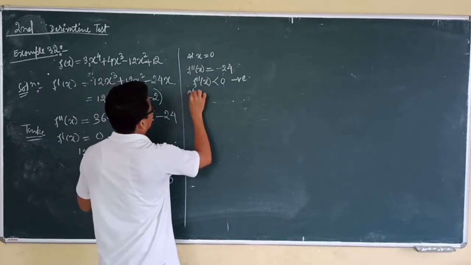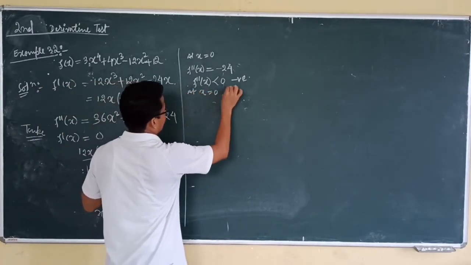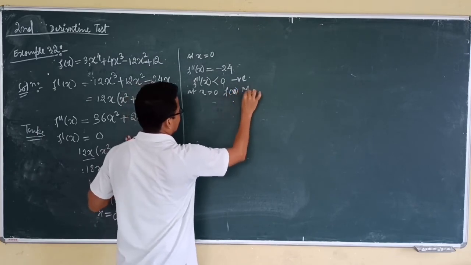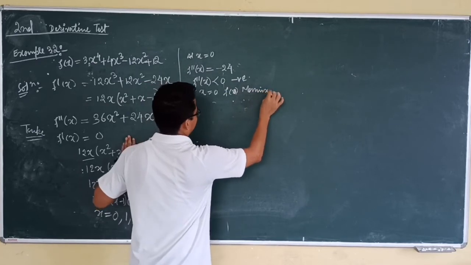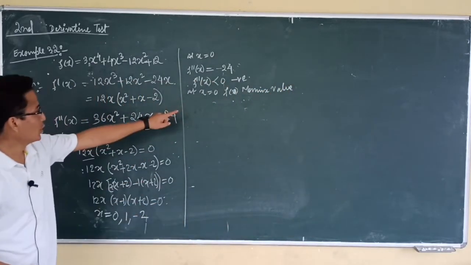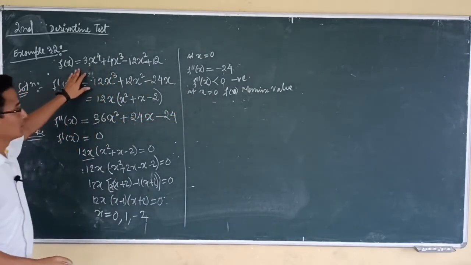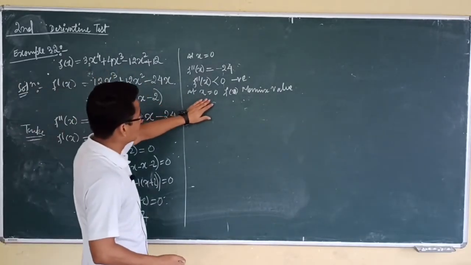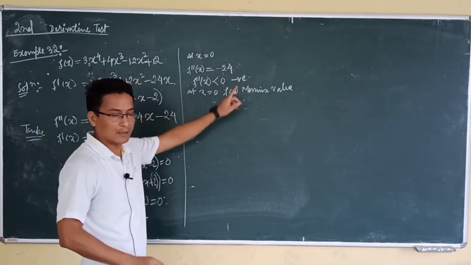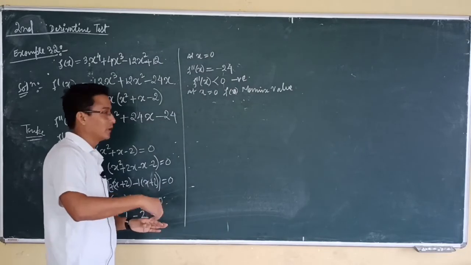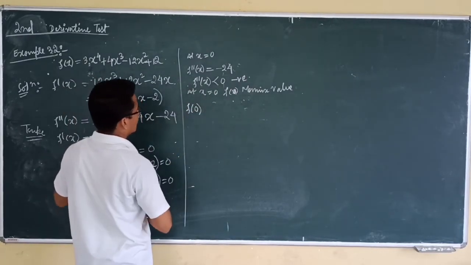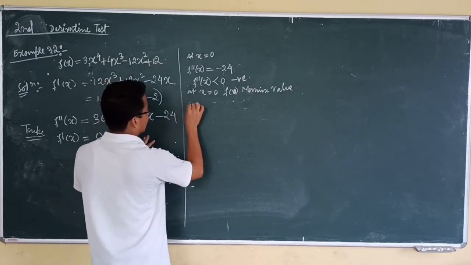So at x equal to 0, f of 0 gets the maximum value. Because it is negative, it is a maximum. So we are going to find the maximum value.